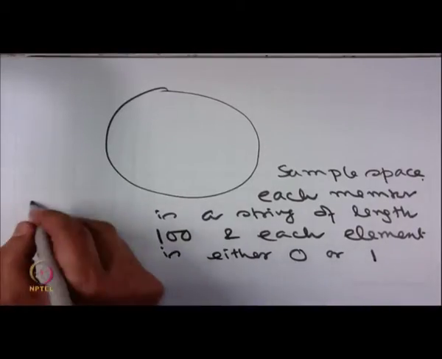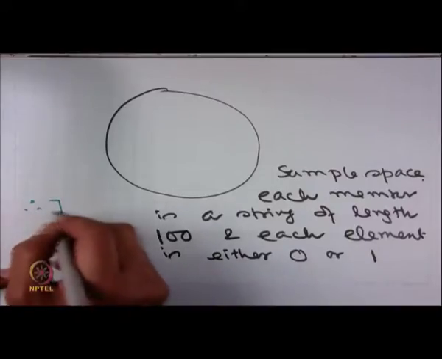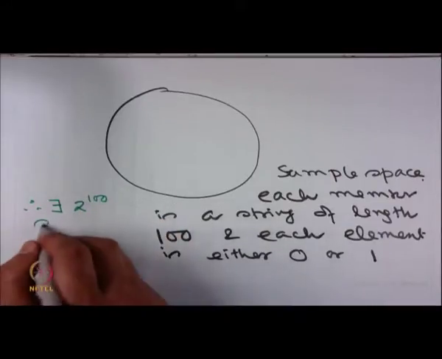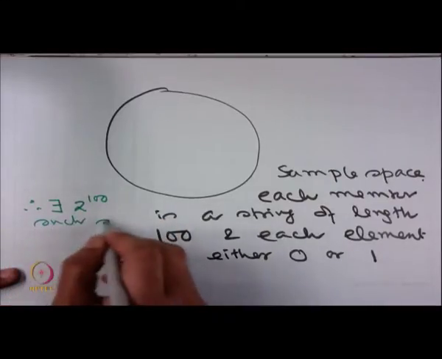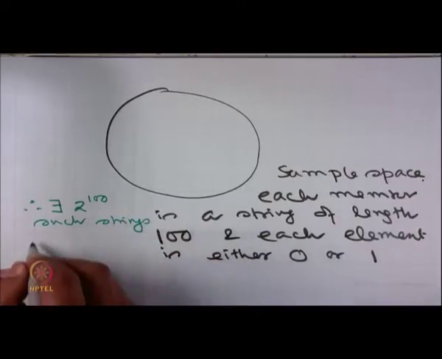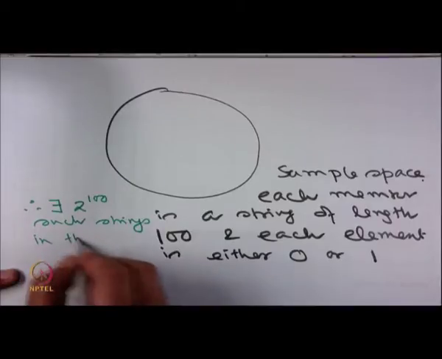Therefore, there are 2 to the power 100 such strings in the sample space.